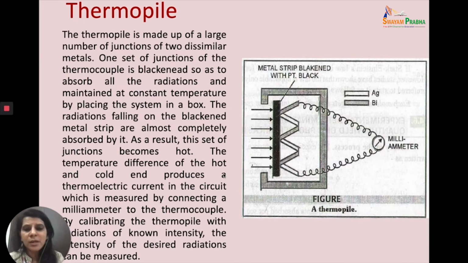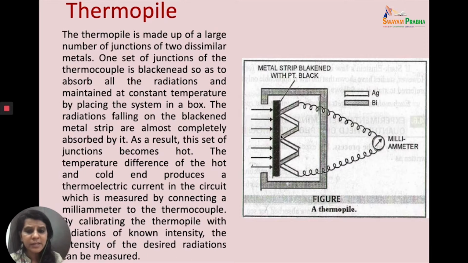So what is a thermopile? A thermopile is made up of large number of junctions of two dissimilar metals. One set of junctions of the thermocouple is blackened so that it can absorb all the radiation and is maintained at constant temperature by placing it in a box. The radiations that fall on it are almost completely absorbed by it.